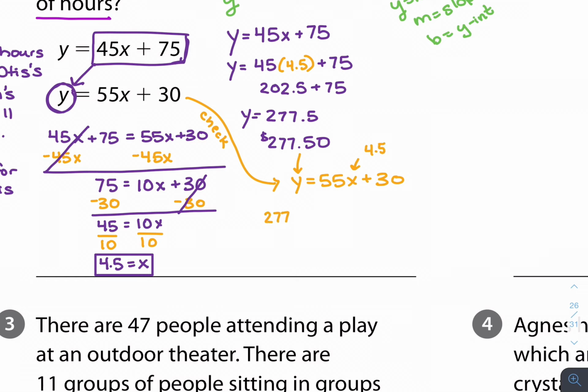So 277.50 is equal to 55 times 4.5 plus 30. Working that out, 55 times 4.5 is 247.5 plus 30. And 247.5 plus 30 is 277.50. It checks out. It works out.